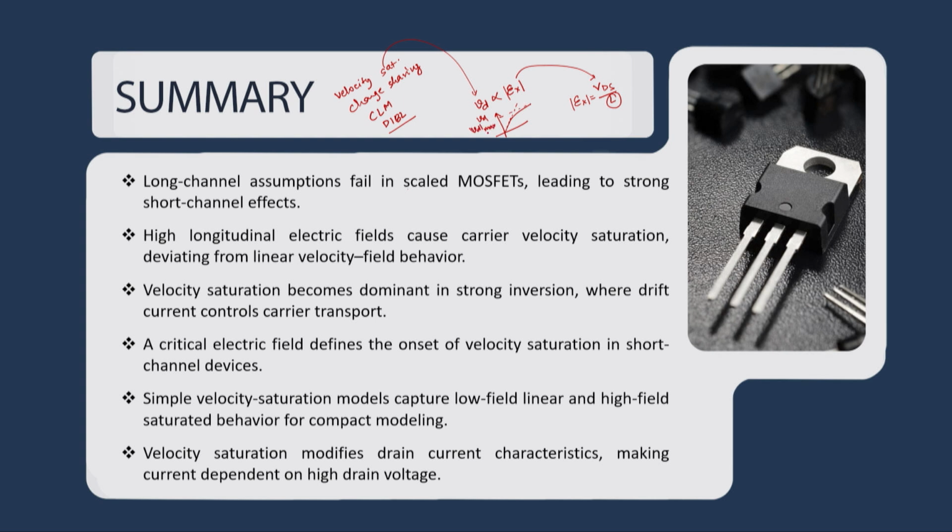To incorporate this carrier velocity saturation phenomenon in our model, we considered a basic model of drift velocity as Vd max times (Ex by Ec) divided by (1 plus Ex by Ec). By doing so, we got to know that the current with the velocity saturation can be given by the current without velocity saturation, which we have derived for long channel devices, divided by 1 plus VDS divided by L into Ec.